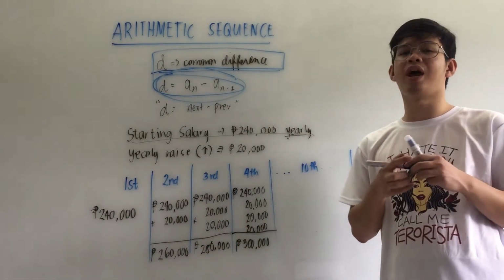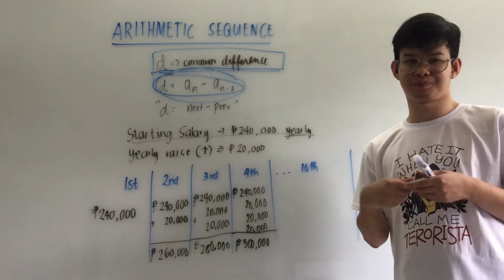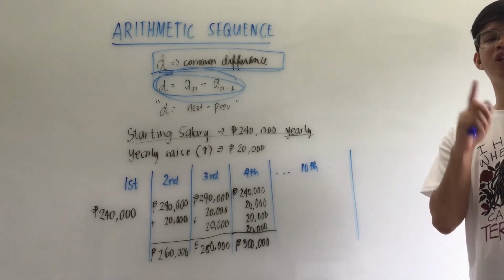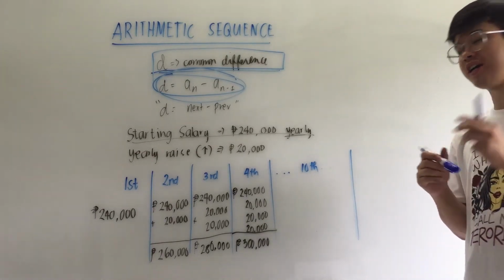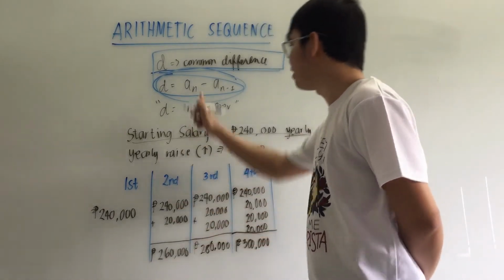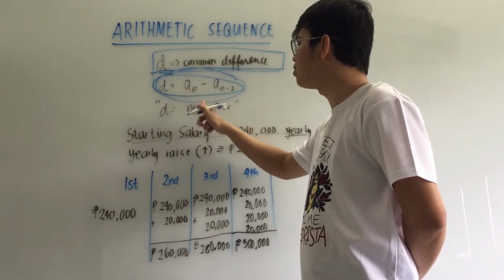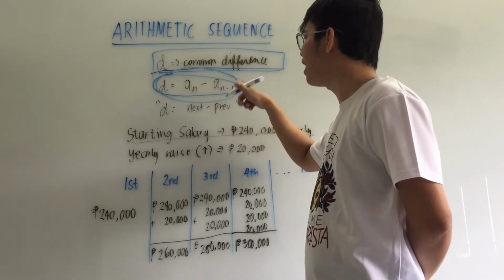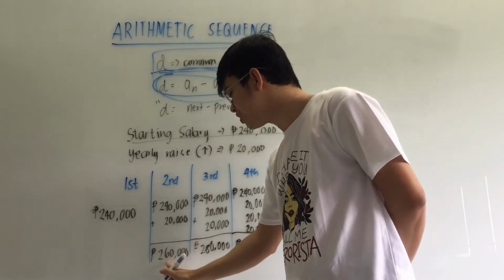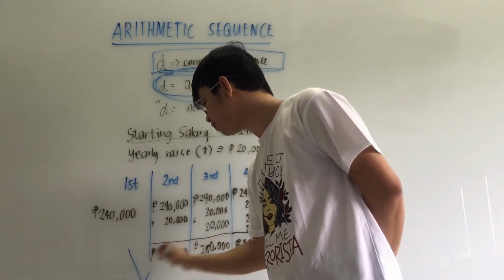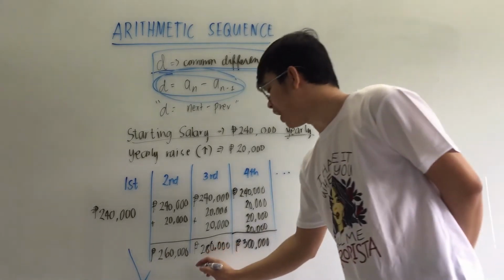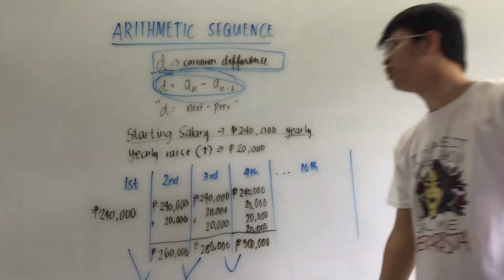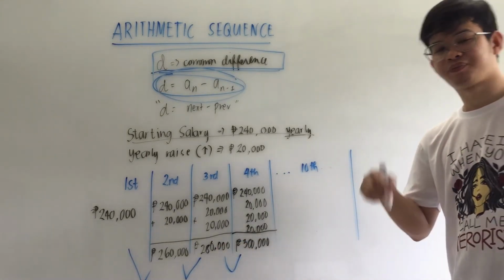Now, pause this video and identify the common difference. If your computed common difference is 20,000, you are correct. Because technically, the difference is just next minus previous, or a sub n minus a sub n minus 1. Therefore, that's just 260 minus 240, which is 20,000 pesos. 280 minus 260, 20,000 pesos. 300 minus 280, 20,000 pesos.